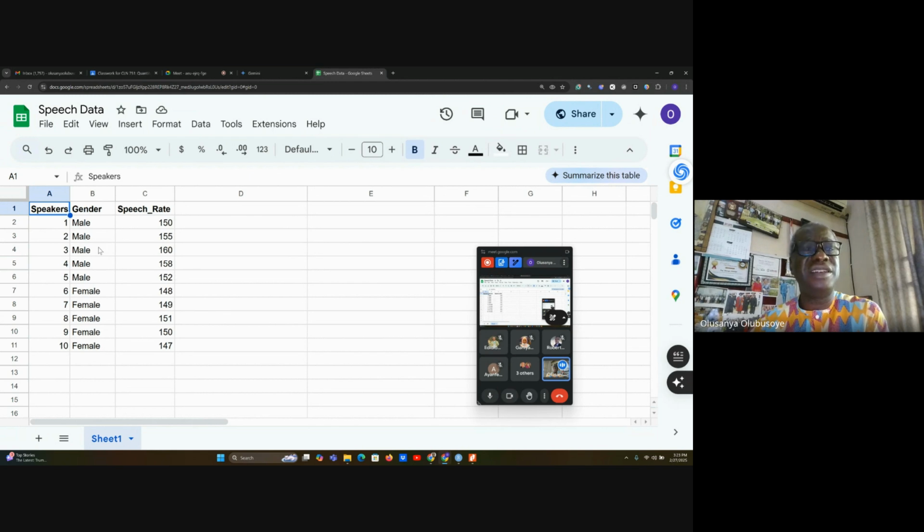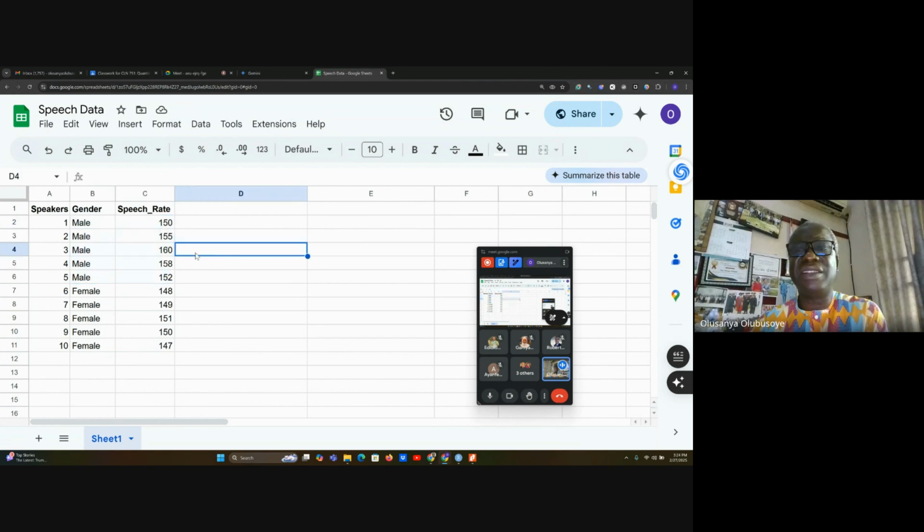And I said, one, we could test hypotheses regarding the average speech rate for male. We could also test hypotheses regarding the average speech rate for female. So we can test the male.